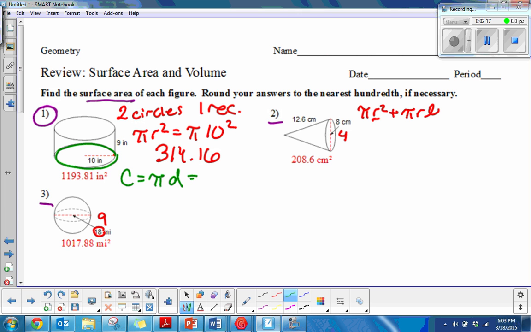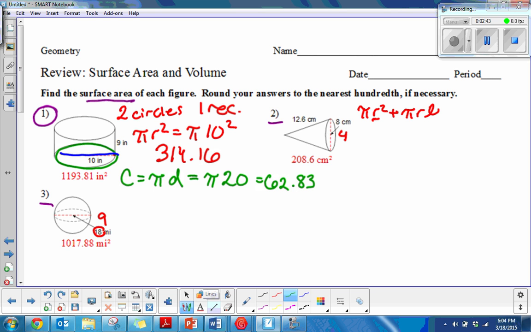In this case, the diameter, the distance all the way across, is 20. So pi times 20 is 62.83.